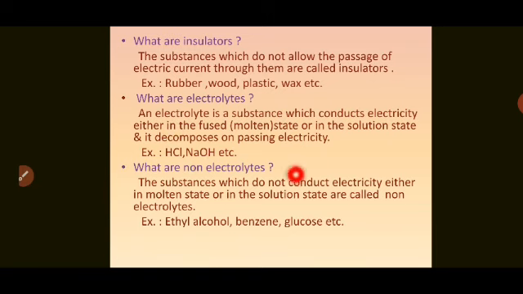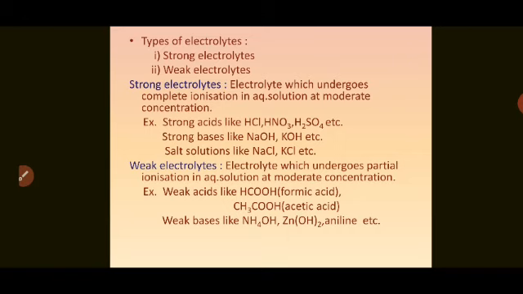Now what are non-electrolytes? Exactly opposite to electrolytes, the substances which do not conduct electricity either in molten state or in solution state are called non-electrolytes. Examples: ethyl alcohol, benzene, glucose, etc. Now what are the types of electrolytes?